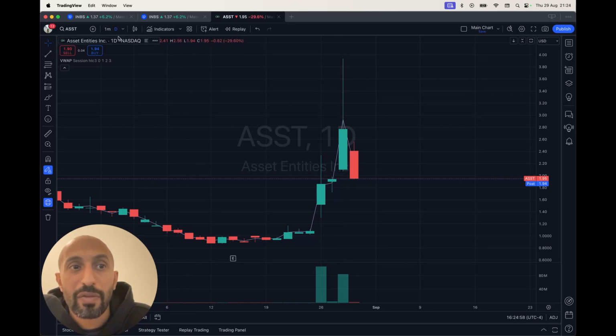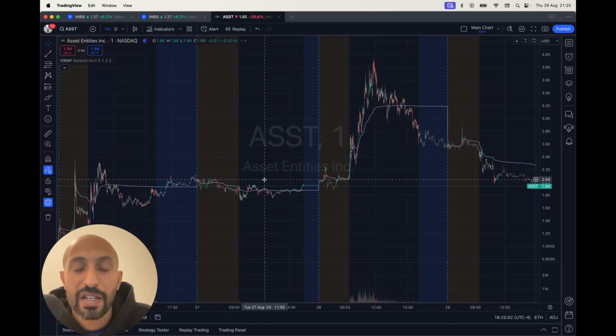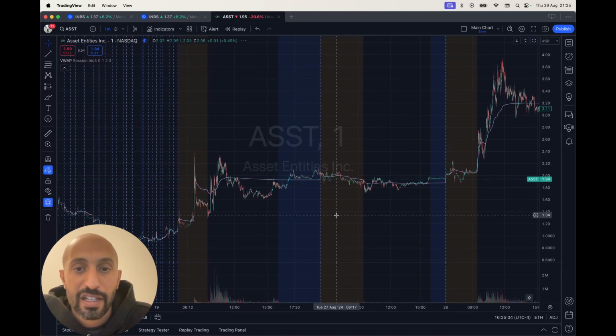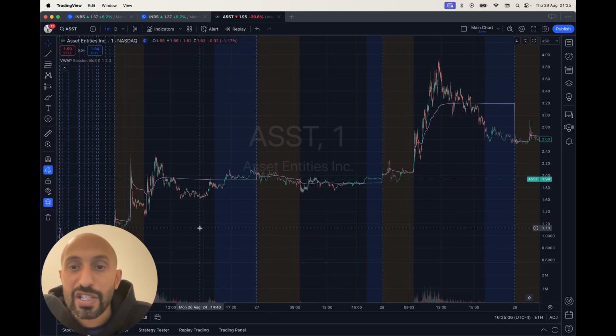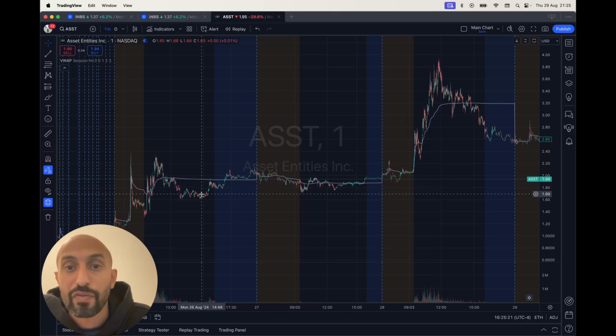If we jump into the intraday. Okay, so we have this big day one. Lots of traders. I think this was a relatively low float as well. So float rotation means there's lots of new retail traders in the stock.